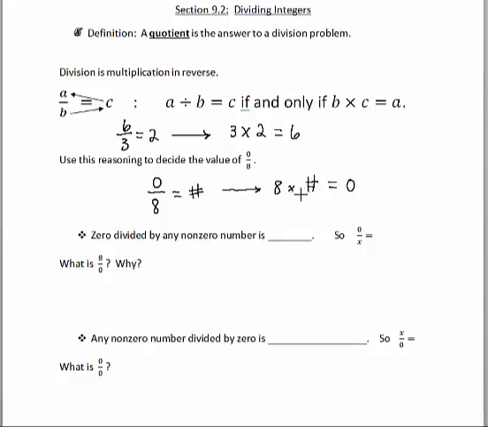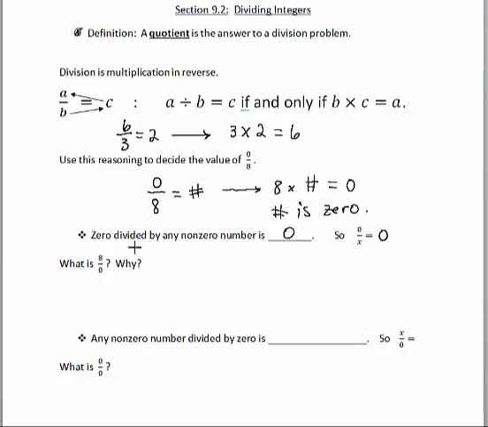Well, there's actually only one number that I can multiply by 8 to get 0. And that number is 0 itself. So, 0 divided by any non-zero number is 0. Written in a more general way, if I have 0 over any number x, then this will calculate to be 0.